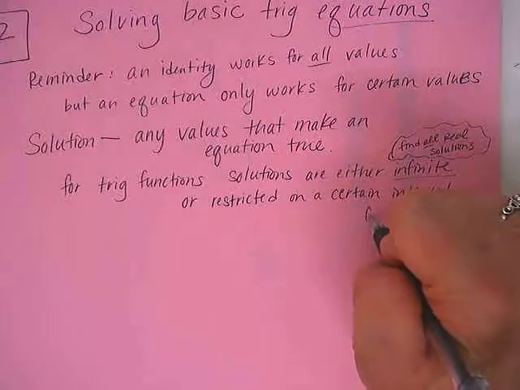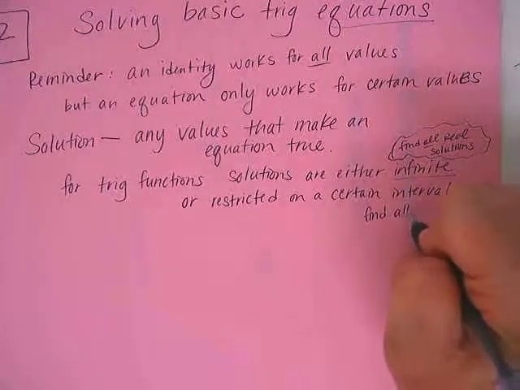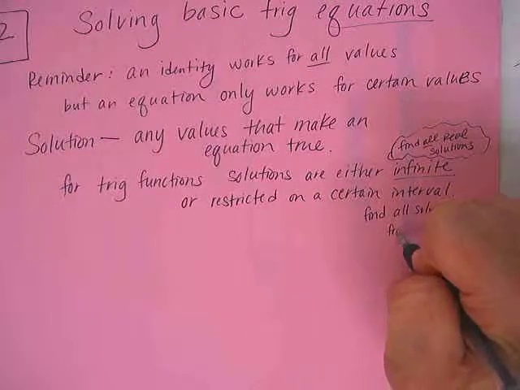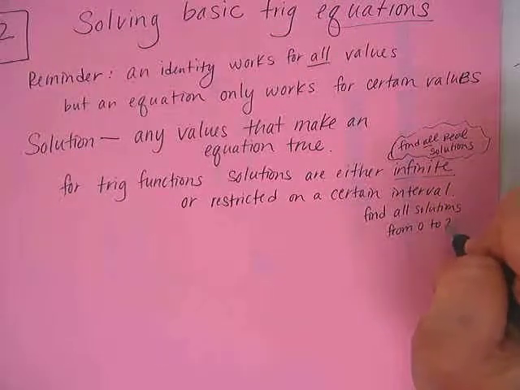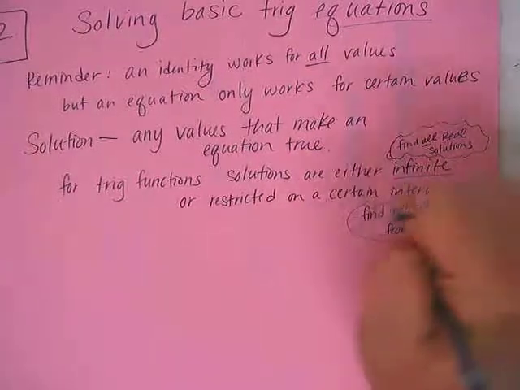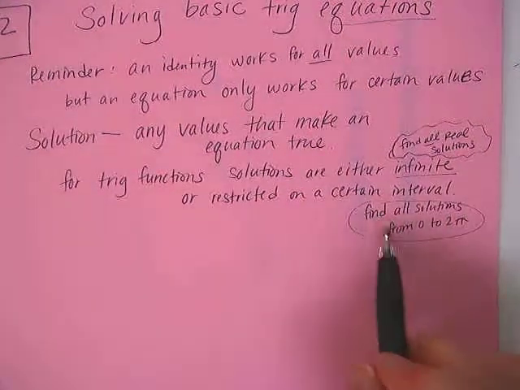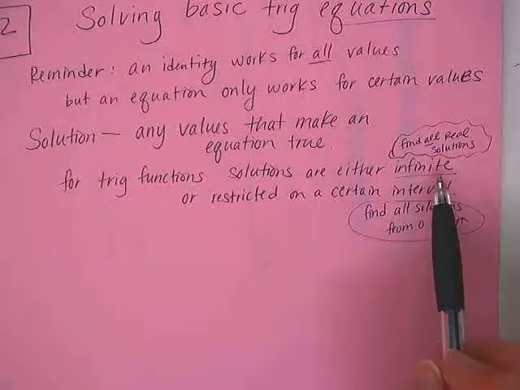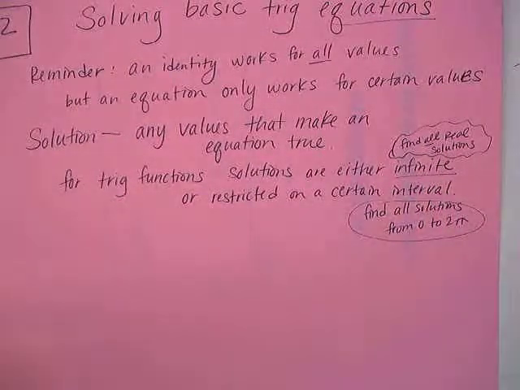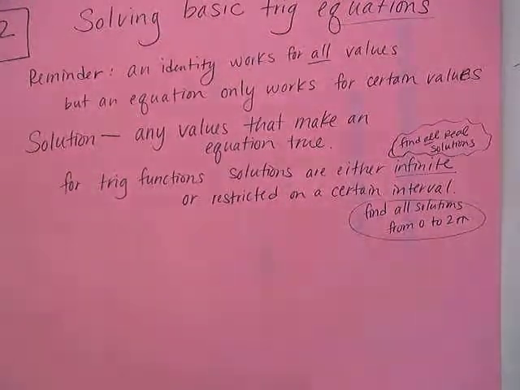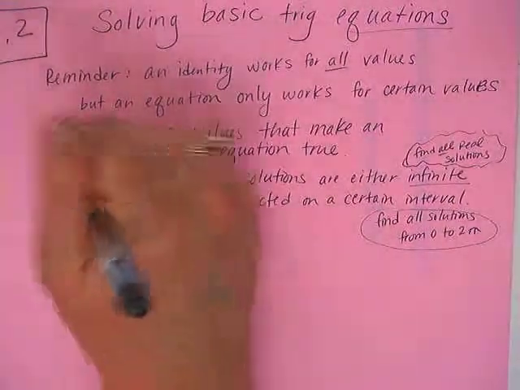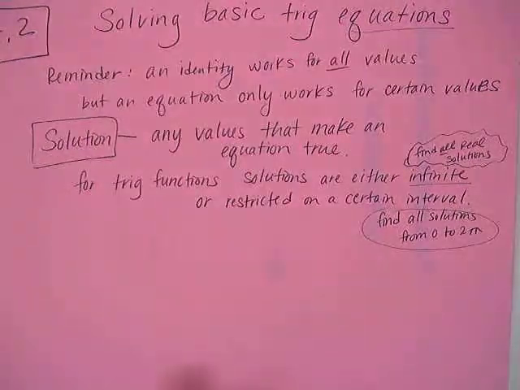Or if I tell you find it on a certain interval, it's probably something like find all solutions from 0 to 2 pi. Okay, so that would be a finite number of solutions that fit in that interval. This would be an infinite number of solutions that's done by using a k, like plus k pi or however many, to make that infinite, because k is integers, right? It'll make more sense when we actually start to do some problems.